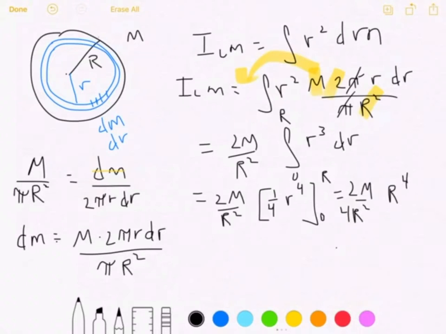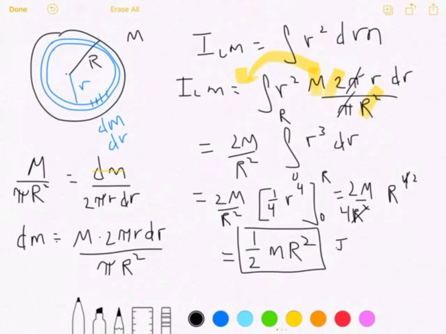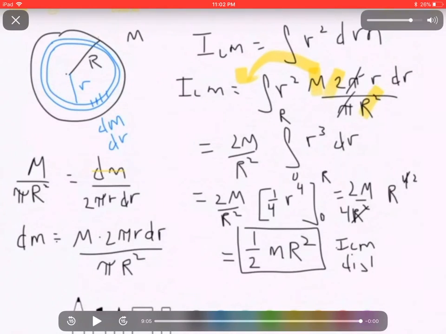We're going to see that R squared will cancel out of our denominator. In our numerator, this will simplify to R squared. And then 2 divided by 4 is a half. So we're going to get 1/2 M R squared, which is I, the center of mass, for a disk or a hollow cylinder.